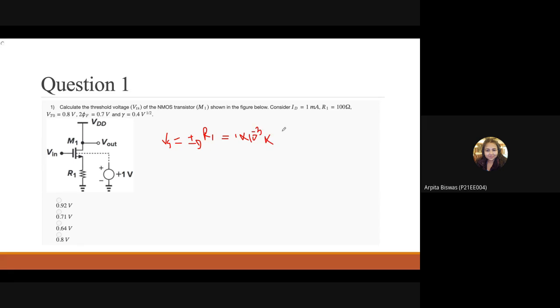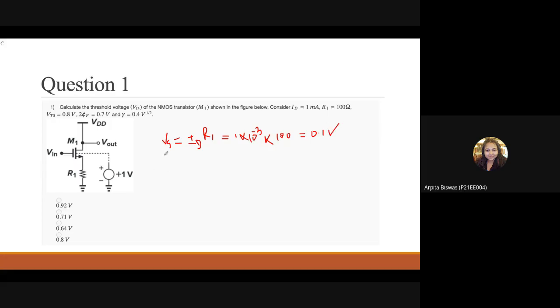What is the value of R1? R1 is 100, right? Then tell me what is the value of VS? It is 0.1 volt. Like the substrate voltage is VB, and on the source side it is this 0.1 volt.